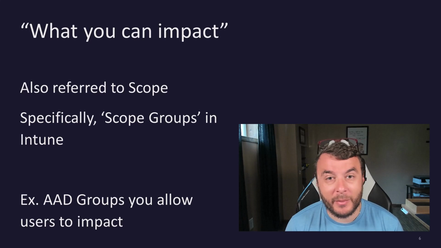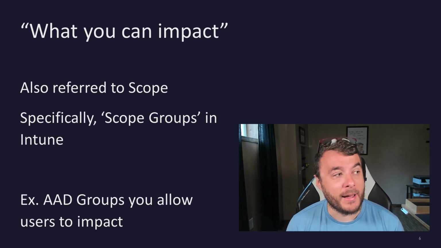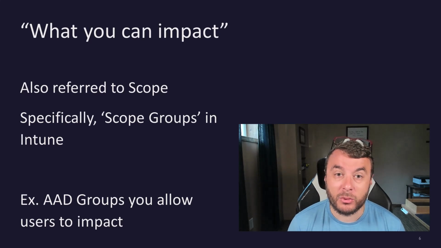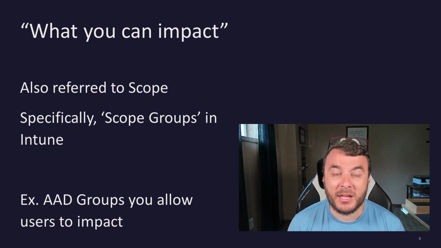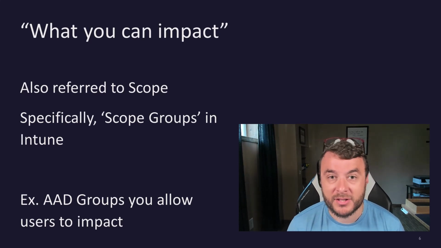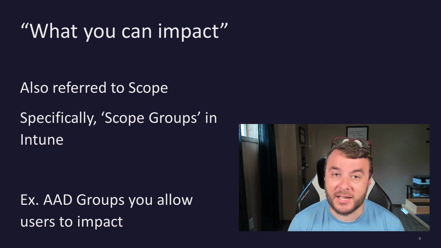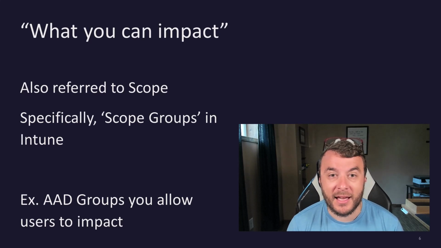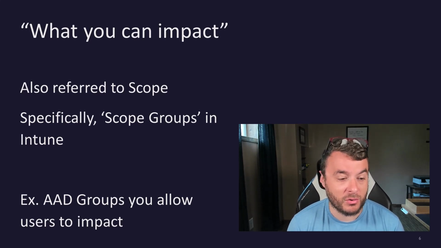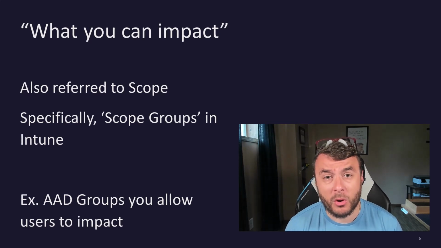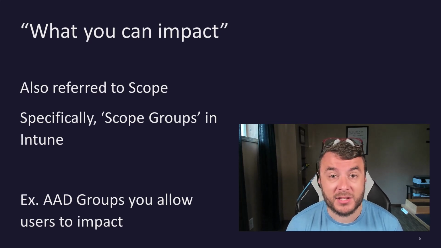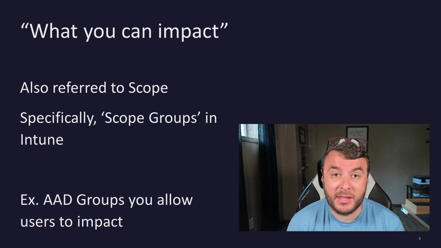So this is commonly used to allow maybe engineering to deploy policies to test groups, for instance, but not be able to deploy to production groups, right? So that way you can do all of your testing in your initial pilot or POC groups, but then a broader rollout would require somebody that has greater scope or the ability to impact a greater number of devices.